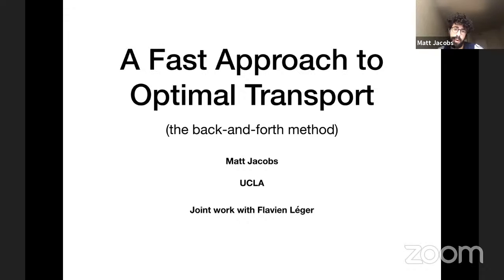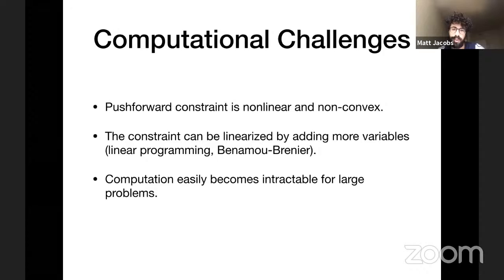I think we all know that solving optimal transport problems is hard. Essentially, this comes down to the fact that you have a very nonlinear, very non-convex constraint set where you have to push one measure to another. There are lots of techniques to linearize and convexify this constraint, but a lot of these ideas require you to substantially enlarge the size of your problem.